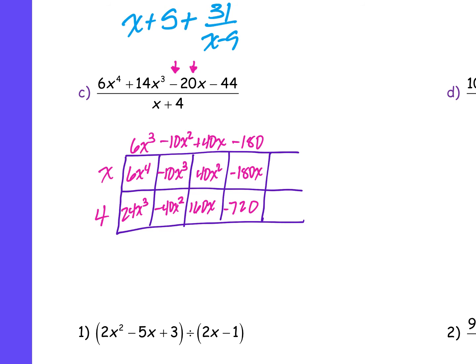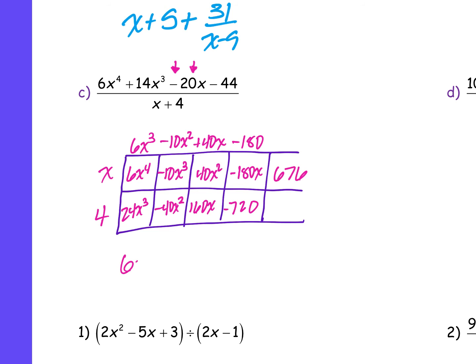And then what do I add to negative 720 to get negative 44? 676. Sorry, I'm really slow at this; I can multiply much faster than I can subtract.